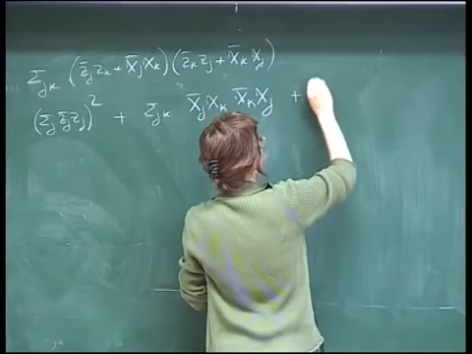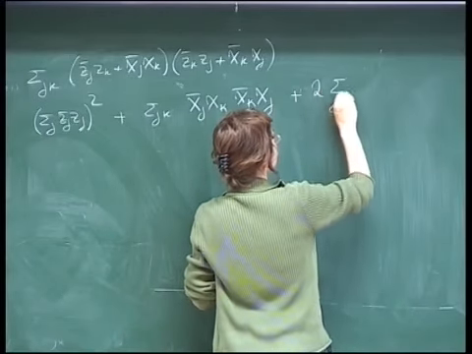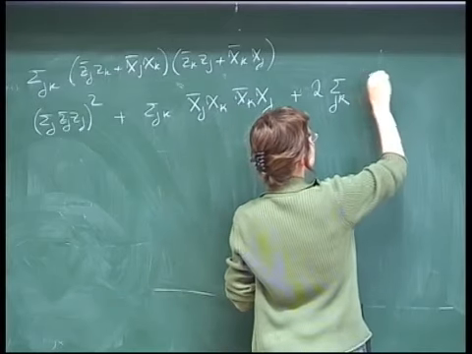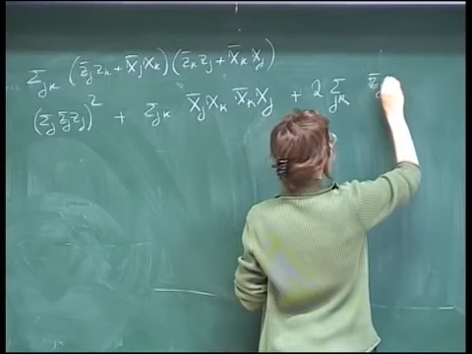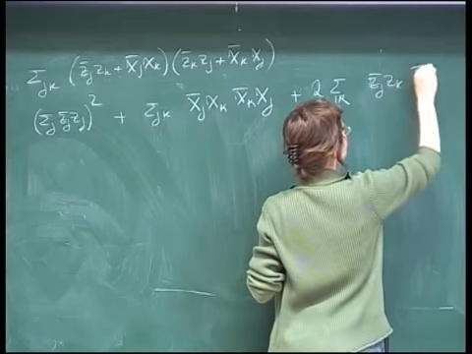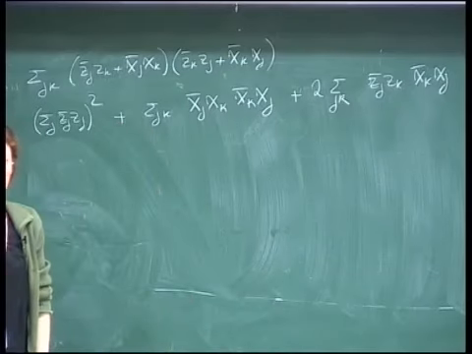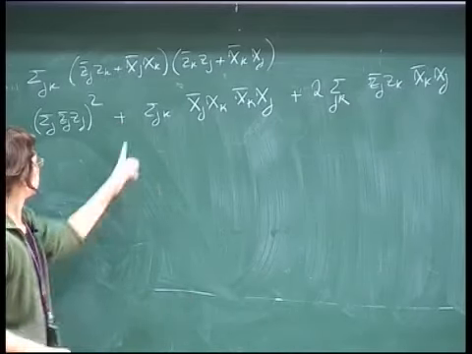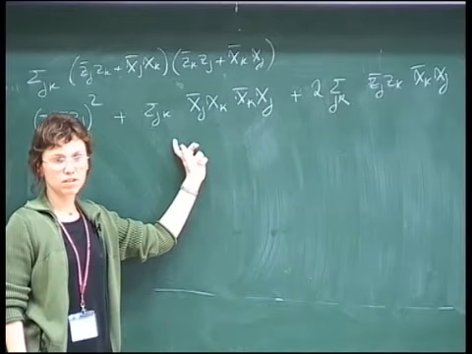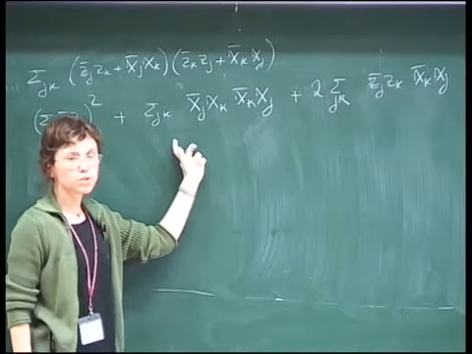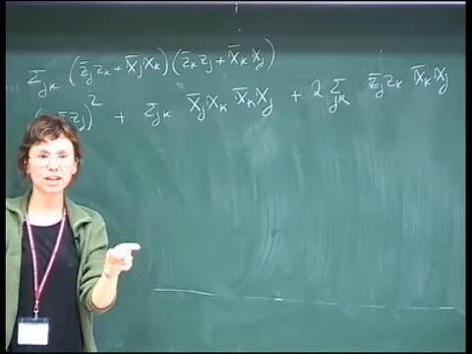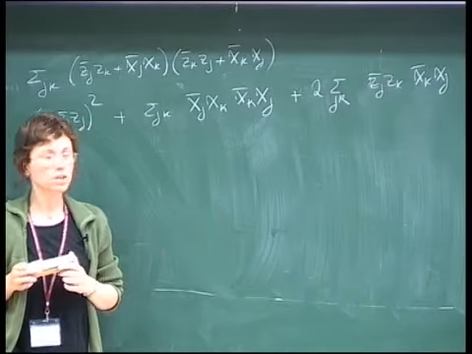And actually we can rewrite it as 2 times sum over jk. We would like to rearrange here all the terms in order to have a sum over j of something squared, just as here.